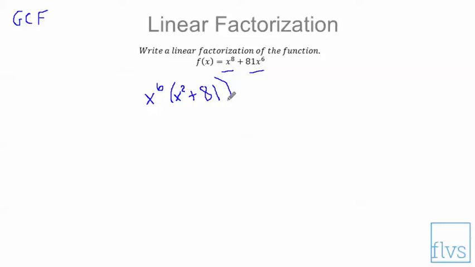Now we always want to check and see if what's left over can be factored further. You were trained in Algebra 1 and 2 that when you had x squared minus 81, that's a difference of squares, and when you factor it, you get x minus 9 and x plus 9.